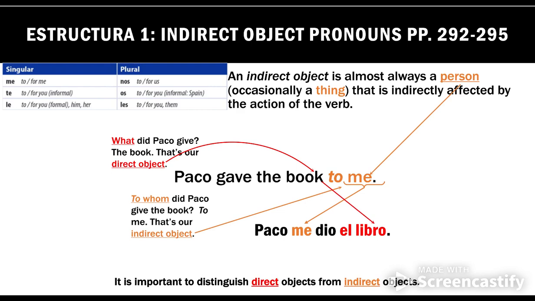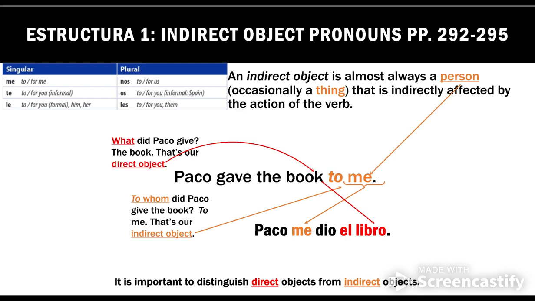It is important to distinguish direct objects from indirect objects because when you need to replace these with the pronoun, you will know which pronoun to use. So remember, for direct objects, you're going to ask what after that verb. What did Paco give? The book.